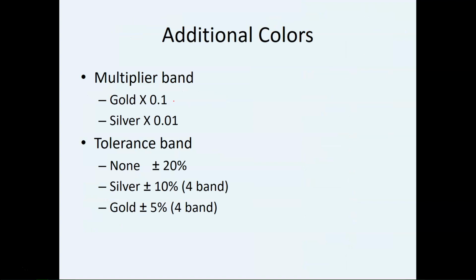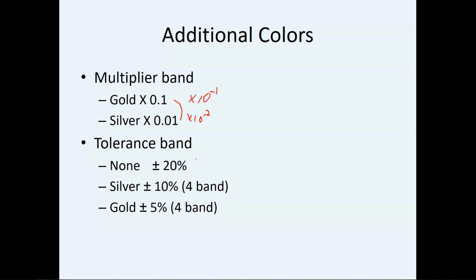So in the multiplier band, we can have a couple of different colors, and those colors are gold and silver. Another way to write gold would be times 10 to the negative 1, and silver times 10 to the negative 2. It's a little bit easier than trying to multiply it by 0.1 and 0.01.